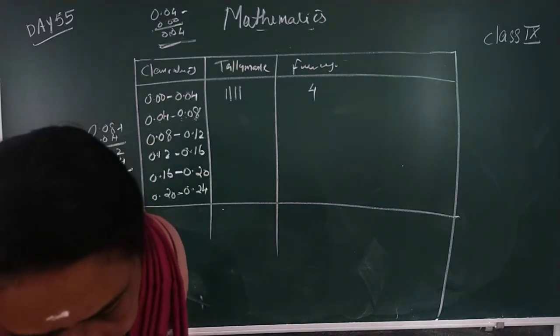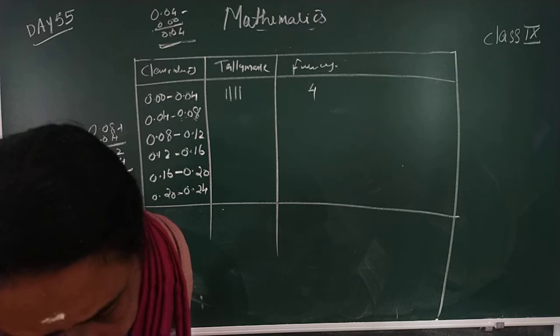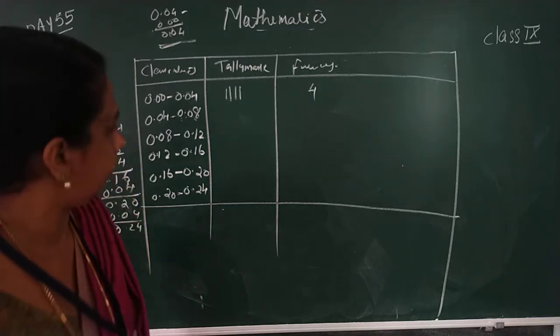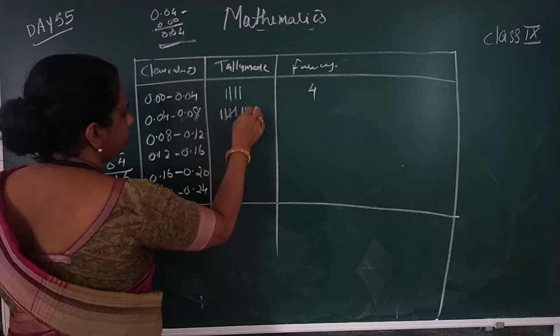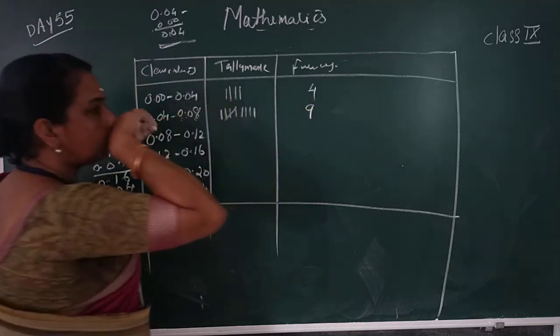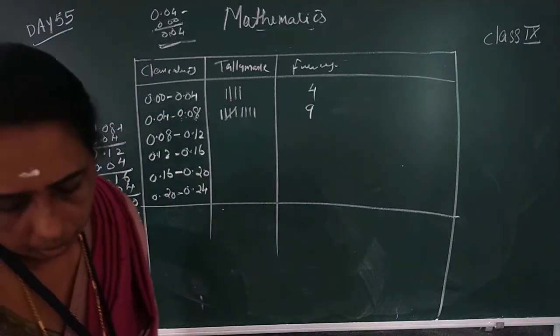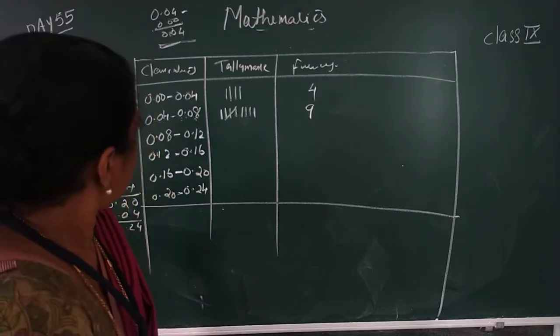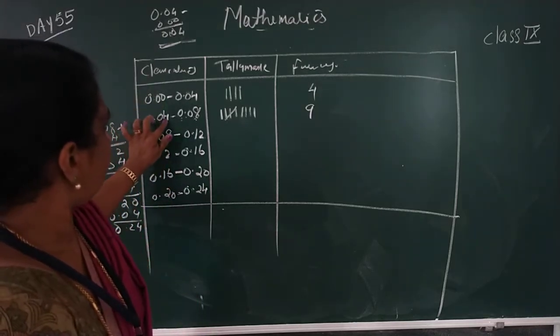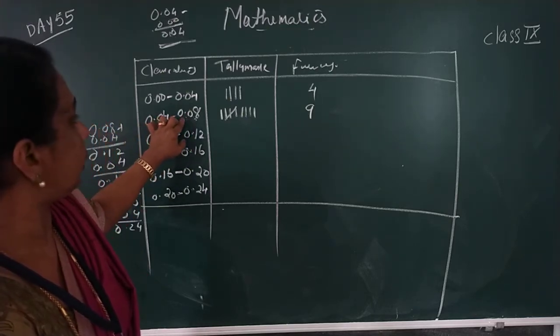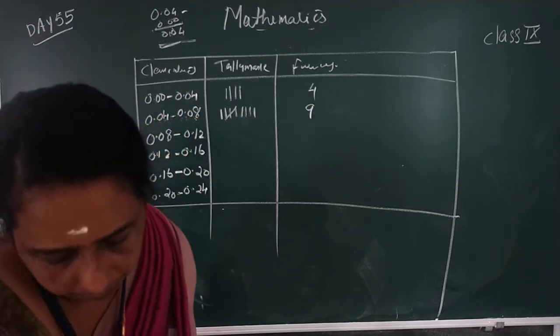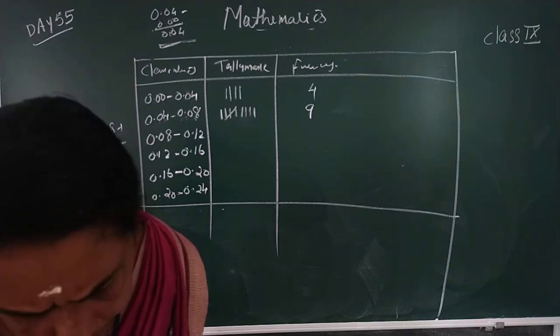Next one, that is this class interval, right? How many are there? 1, 2, 3, 4, 5, 6, 7. Okay. 0.07 whenever observations. 9.